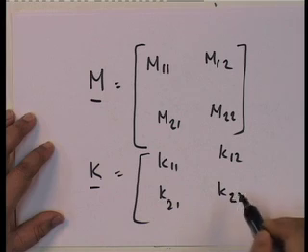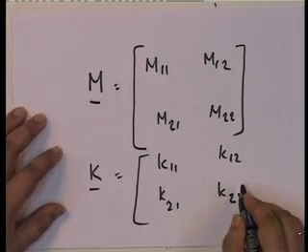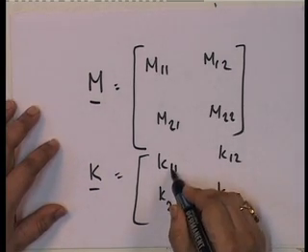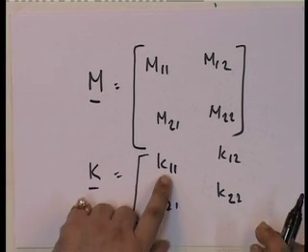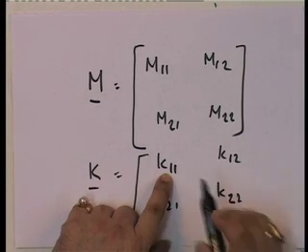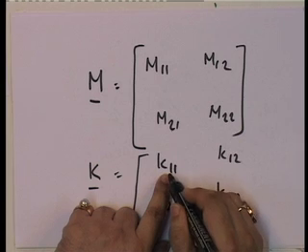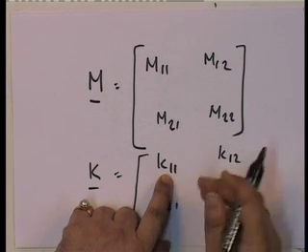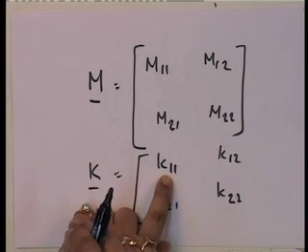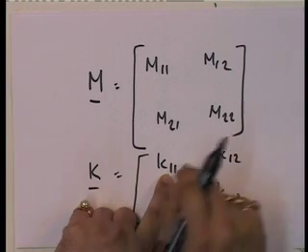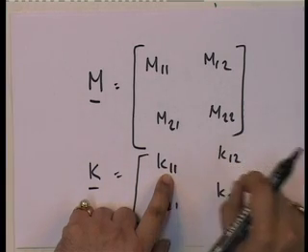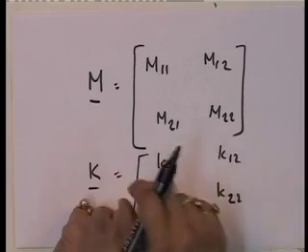what do these define? This definition says, let us look at K11. It is the force corresponding to degree of freedom 1 if you apply a displacement equal to 1 corresponding to degree 1.